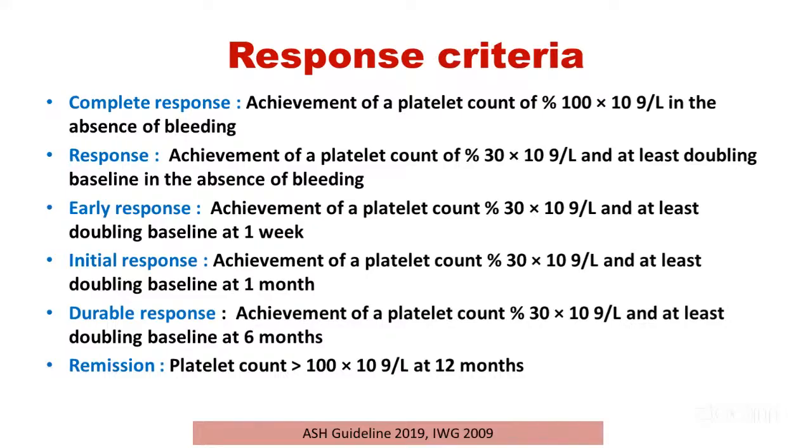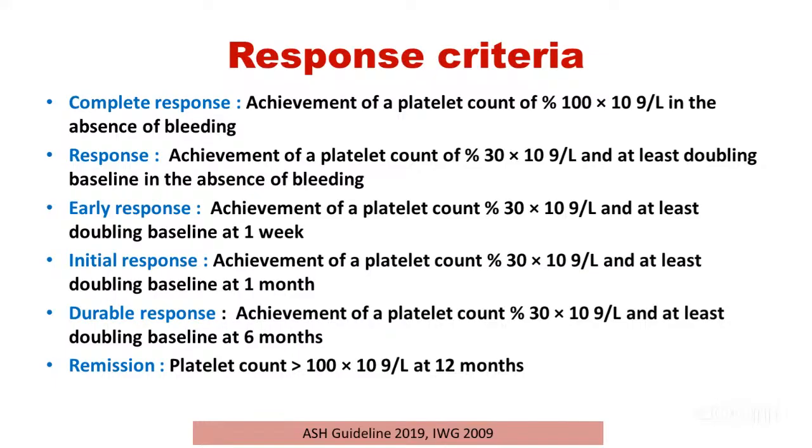We will also discuss the response criteria. When we start a therapy, we should know what is called a complete response, meaning the achievement of a platelet count persistently more than 1 lakh in the absence of bleeding.